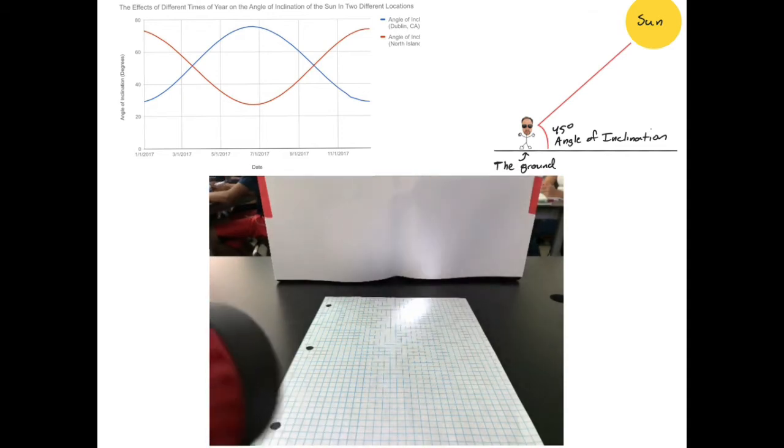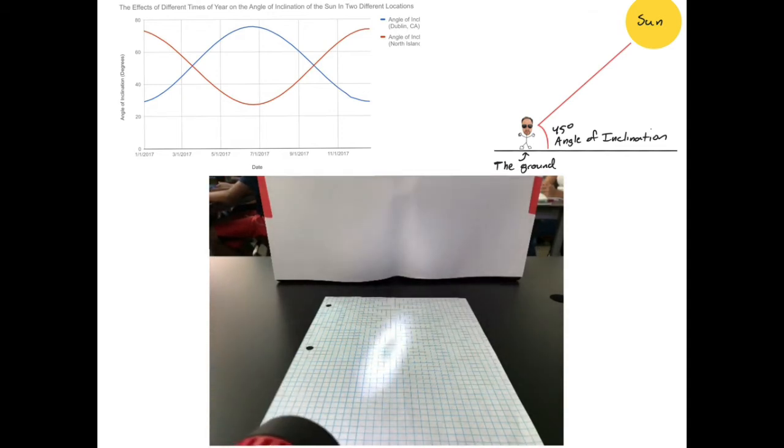Okay, so what I'm going to do, I want to mark on the paper where all that light is hitting the paper. So we'll say that this here, excuse my shaky circle, is about 30 degrees. Does that work for you guys?